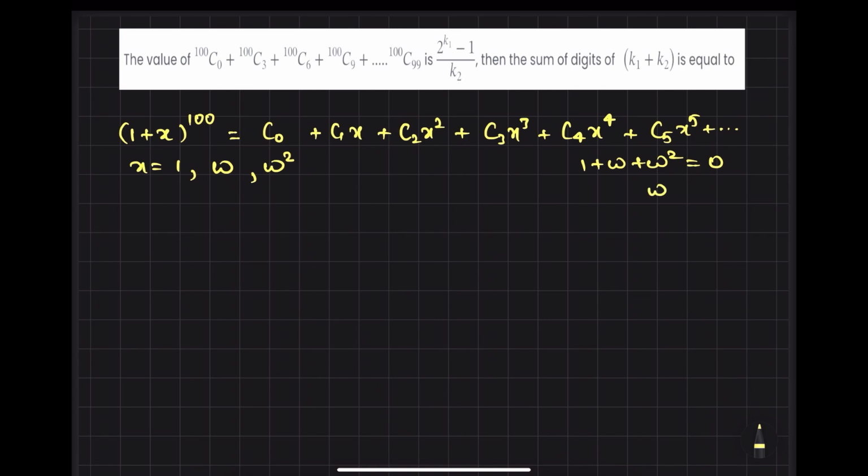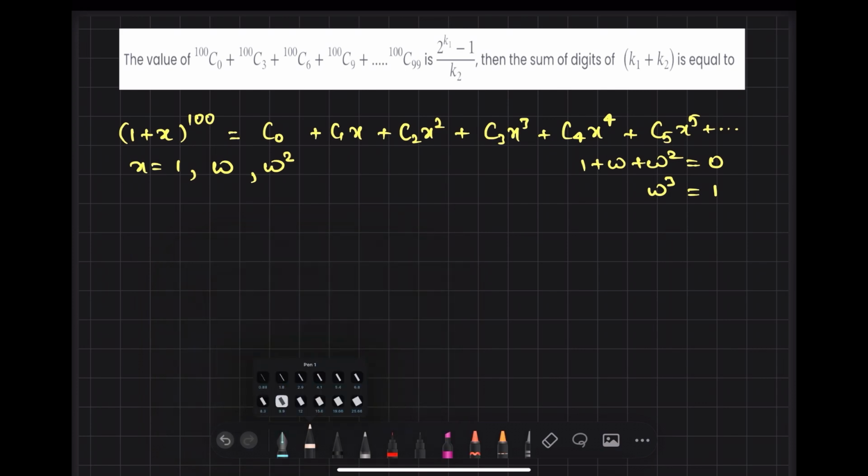You also know that omega cube equals 1. And you know that 1, omega and omega square are the cube roots of unity, correct? So we will take help of these relations.